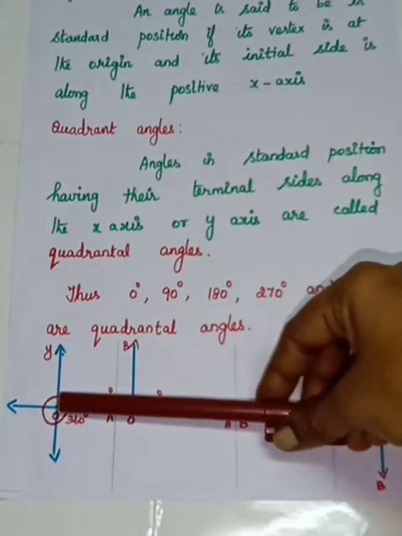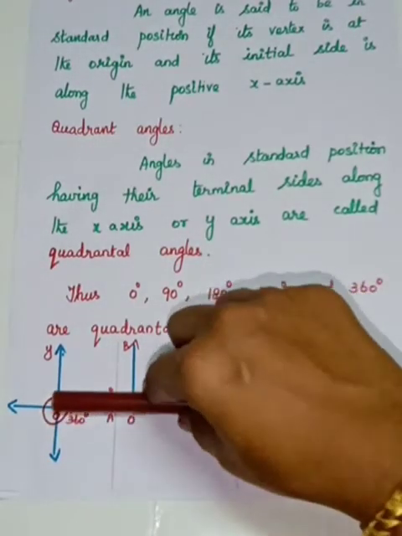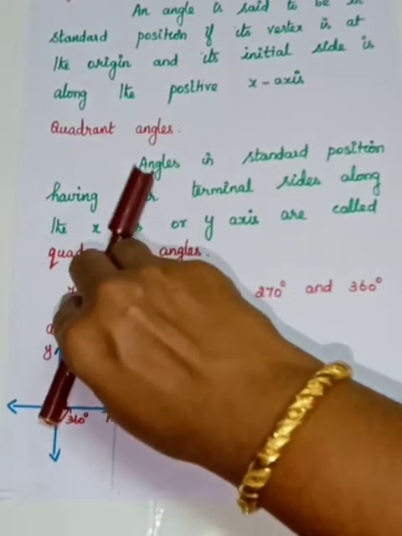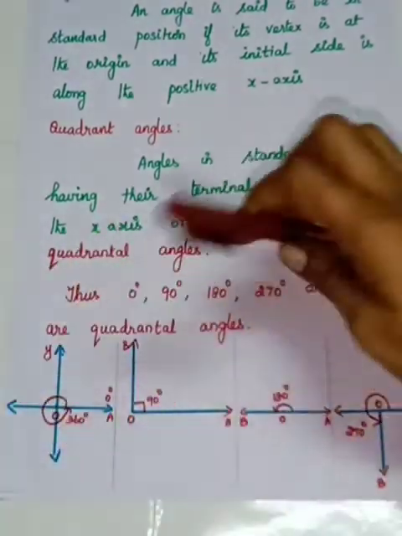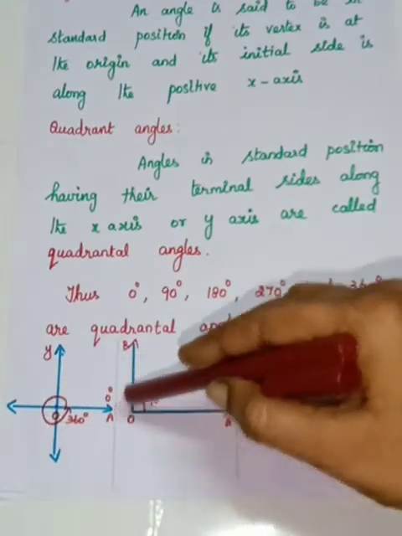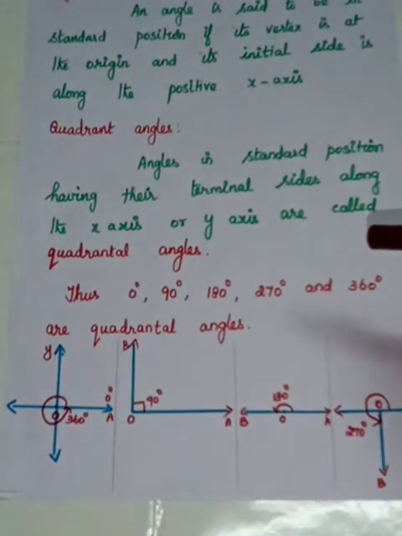So this is the initial side, after it rotates anti-clockwise, one complete rotation is over, this OB will be the same as OA, which means the angle is 360 degree. In 360 degree also, the initial side as well as the terminal side is on the positive x-axis. No angle is formed in 0 degree. After making one complete rotation, the terminal side is again at OA, so it is 360 degree.